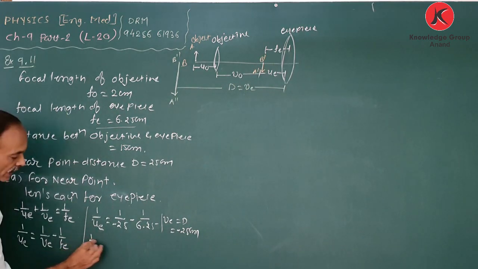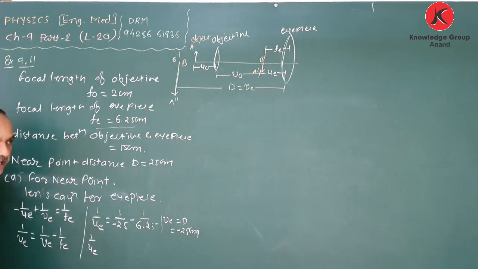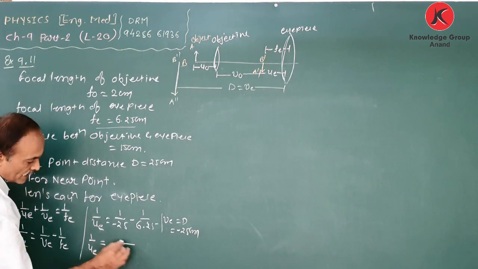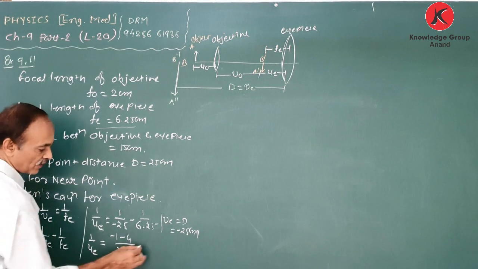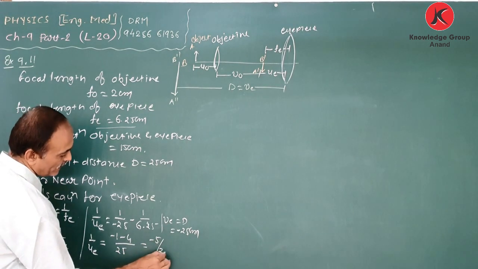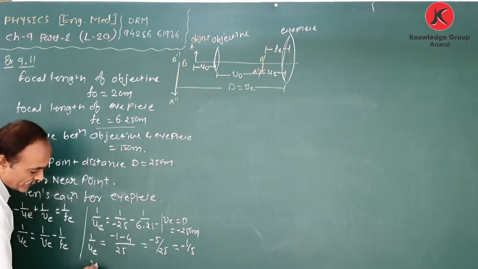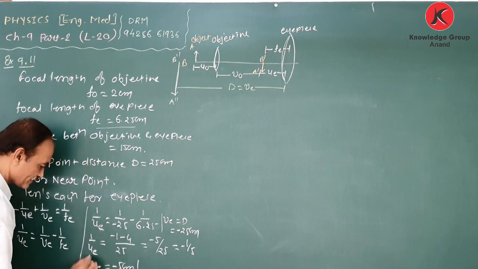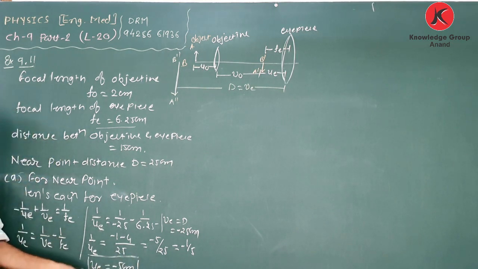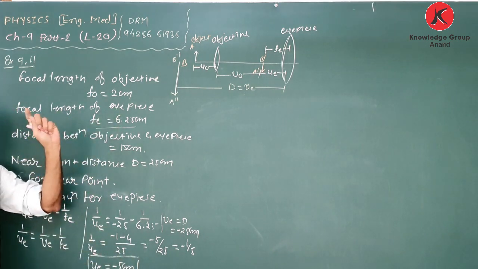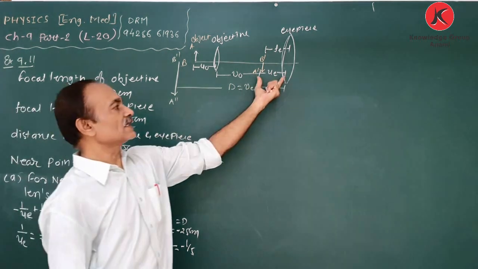Therefore 1 upon UE is equal to, here the LCM is 25, so minus 1 minus 4, therefore minus 5 upon 25, equal to minus 1 upon 5. Therefore UE is equal to minus 5 centimeter. That is the object distance for the eyepiece.